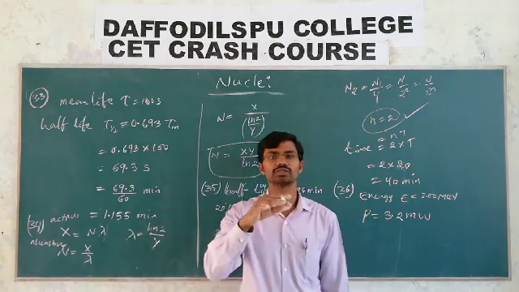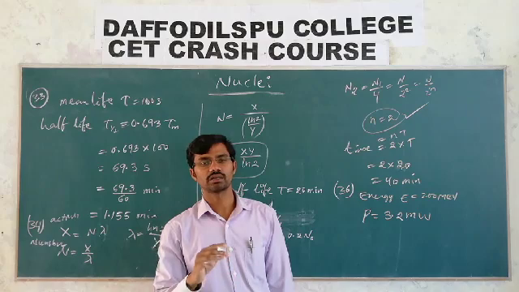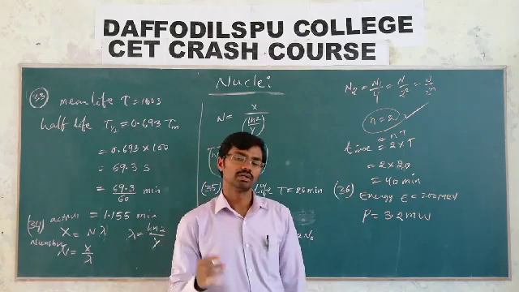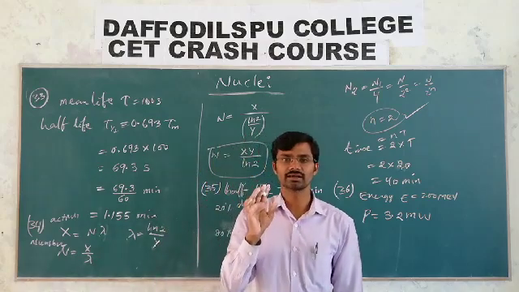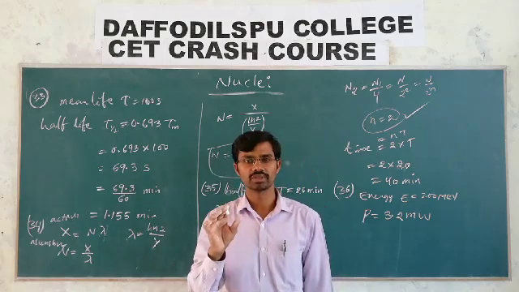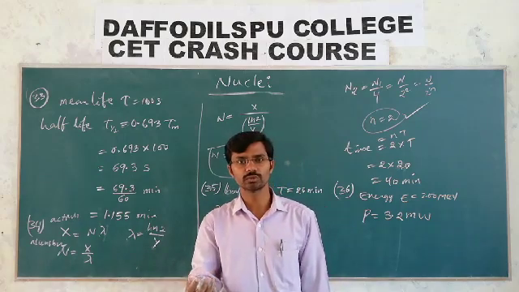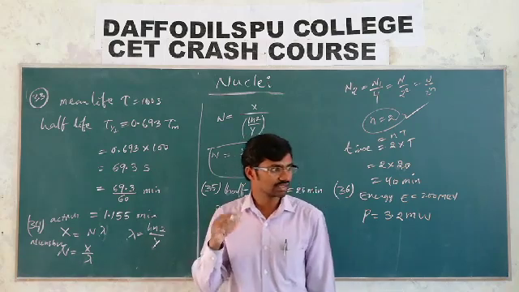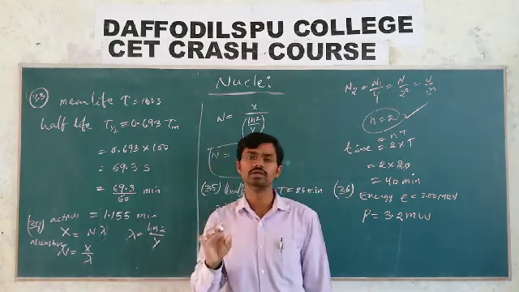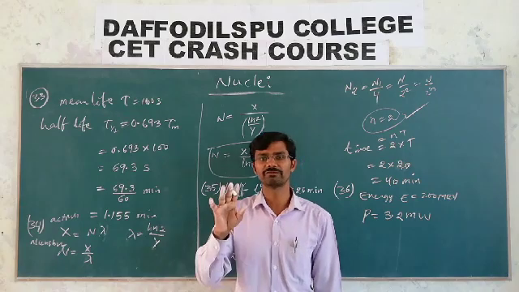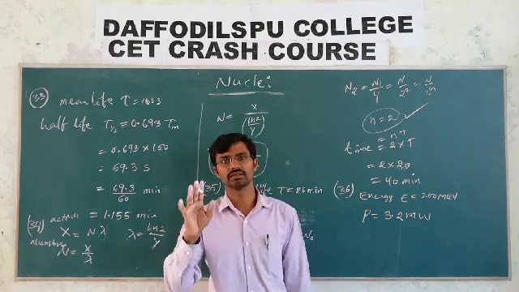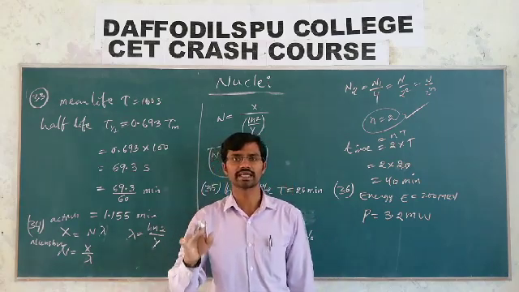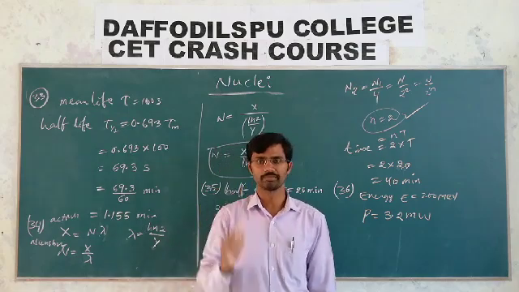For that purpose, we need to decrease the speed of the neutrons produced. Between uranium-238 and uranium-235, which will be preferred? Uranium-235 is preferred because it can be fissioned easily.